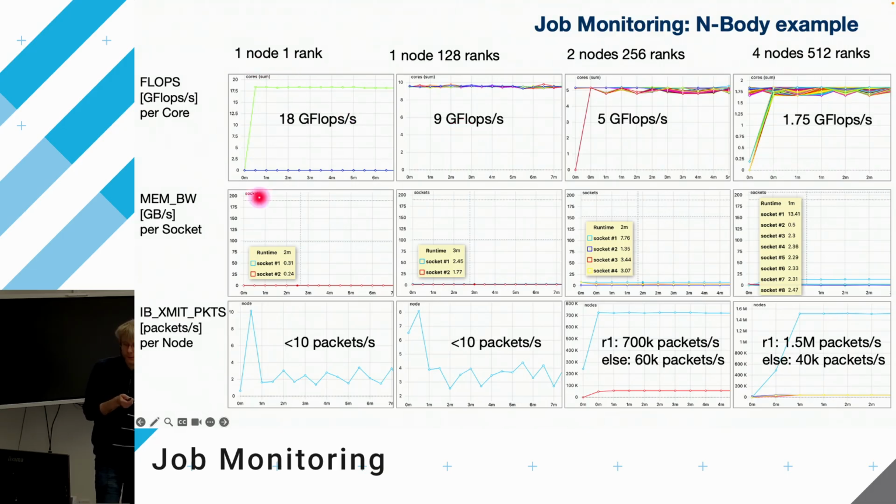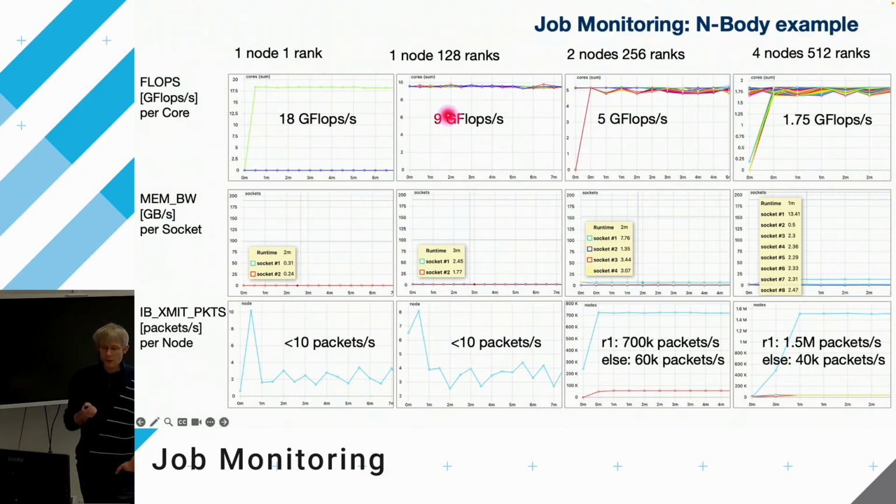So in our first experiment, we are only using 1 rank or 1 process for the simulation, and we achieve 18 gigaflops on one core, and we see no network usage or no real memory bandwidth usage here.